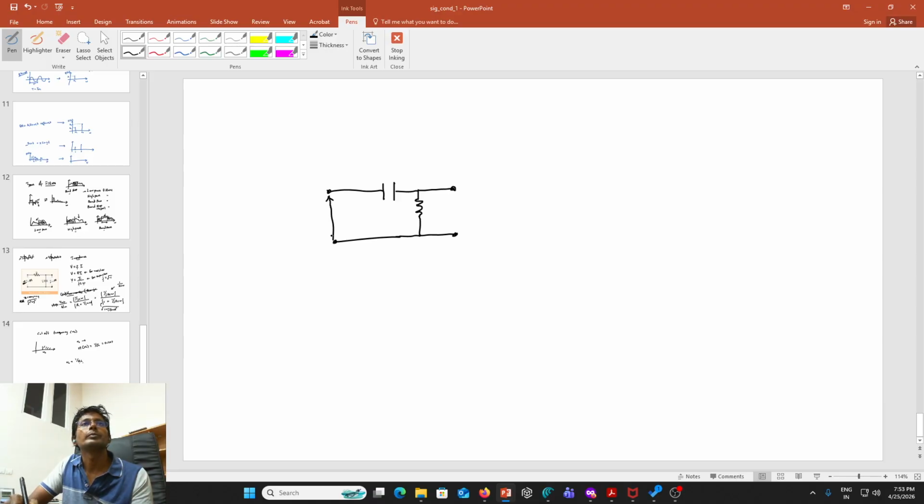This is V in, and this is V out. This is C, and this is R. In the next video we will do the further analysis and see why this is behaving as a high pass filter. Thank you.